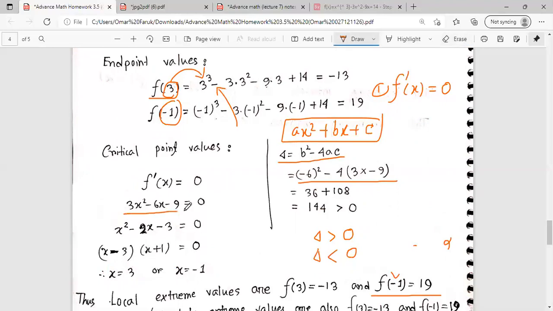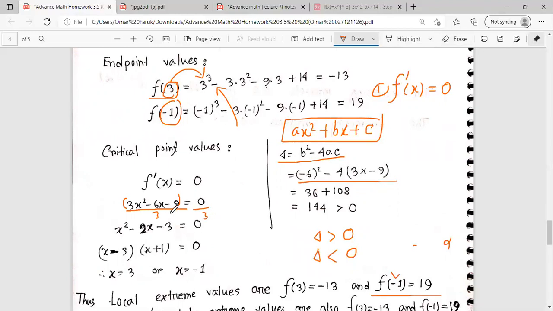So 3x square minus 6x minus 9 equal to 0. Then I just take this 3 out here. Then we get x square minus 2x minus 3, okay? I just divide by 3 here and also here.